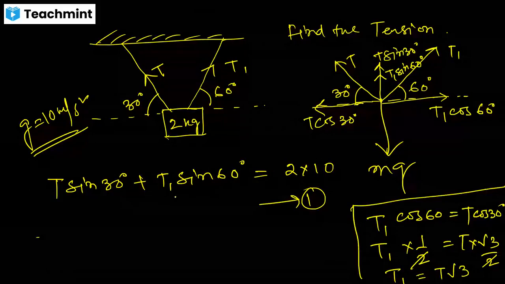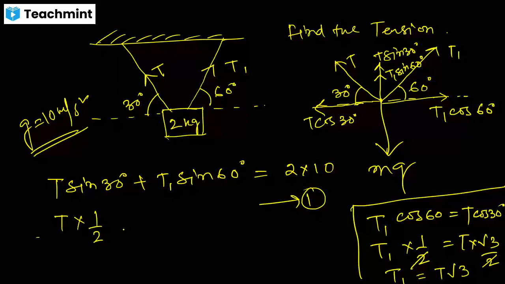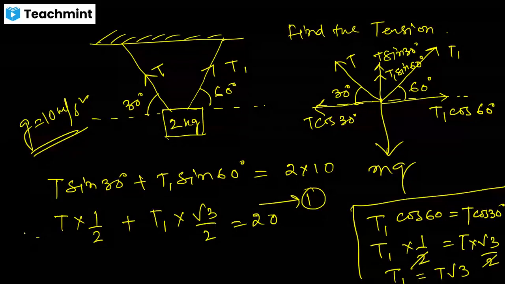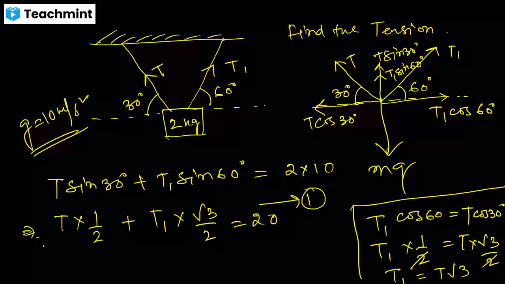So we can substitute the value here. T sin 30 means T multiplied by 1 by 2, and T1 sin 60, sin 60 means root 3 by 2, is equal to 20. Now I am substituting the value in equation number 1.